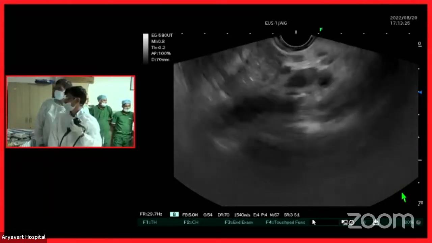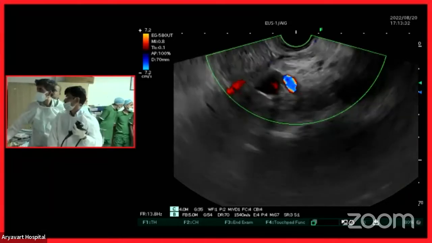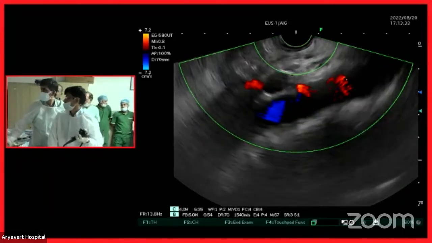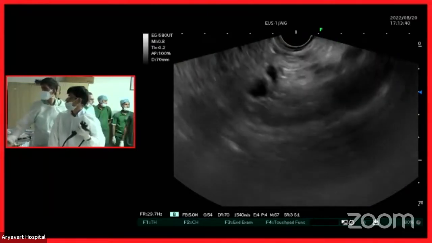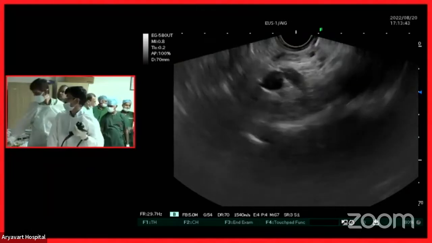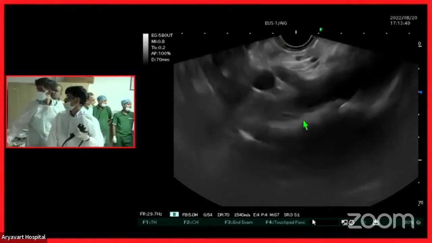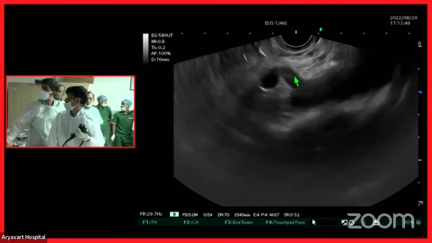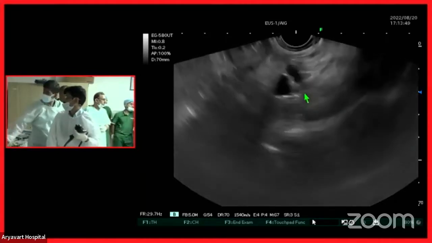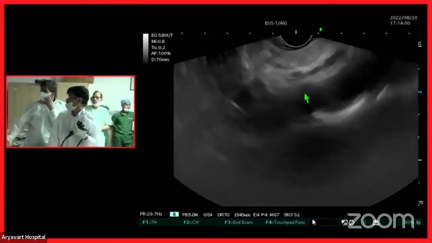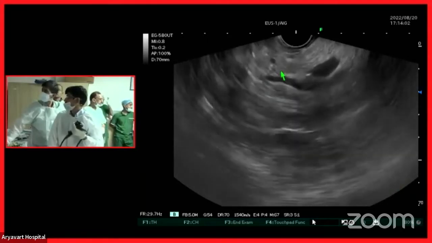And this is the aorta coming through, and the superior mesenteric artery coming through here. The superior mesenteric artery seems to be uninvolved. And that's the left adrenal that we are seeing.